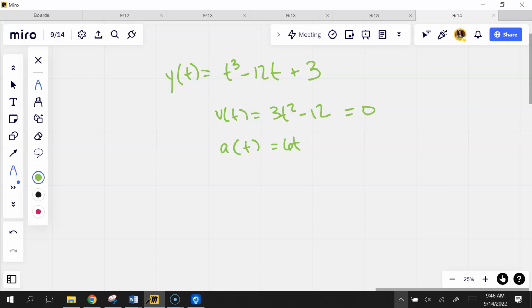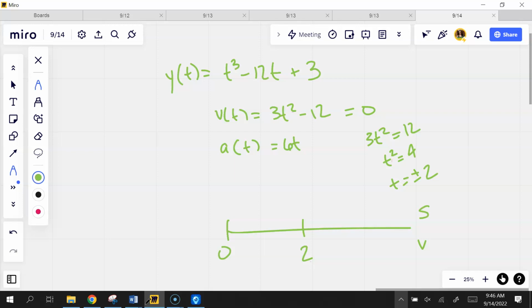So 3t squared equals, well, t squared is 4. Plus or minus 2, but the negative really doesn't make sense because I can't have negative time. So from 0 to 2, I am looking at velocity to tell me what position is doing.